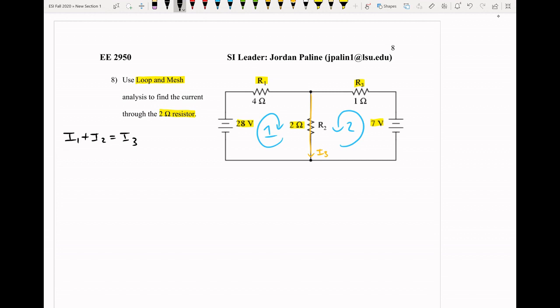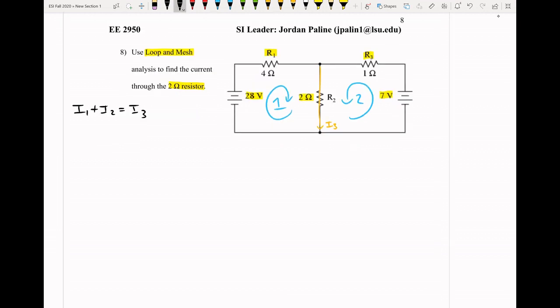Now, to write out my first loop equation, I will do negative 28 plus VR1 plus VR2, and that'll be equal to 0.